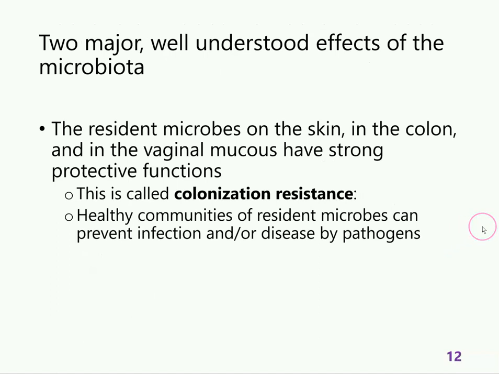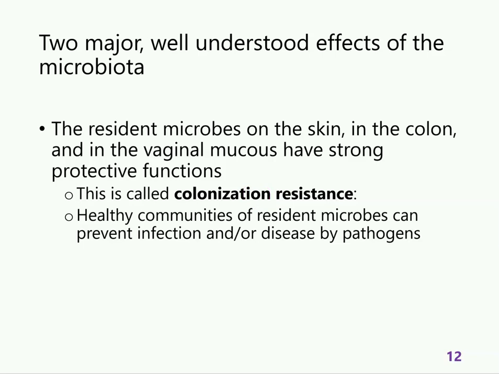Okay. So there are two really big effects the microbiota have on us that are really well understood, and there are a lot of other effects that are not as well understood. The big ones that we know well are these two. The first one is colonization resistance. The bacteria on us and in us prevent dangerous bacteria from colonizing.